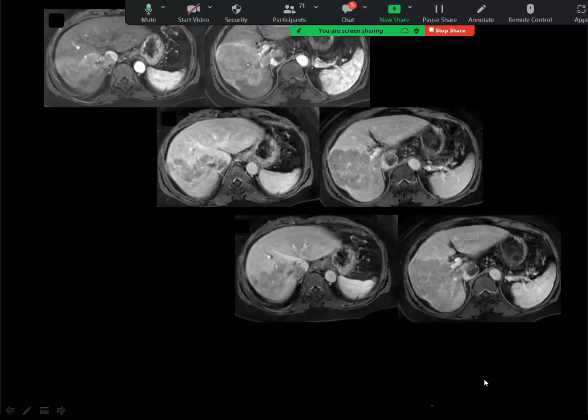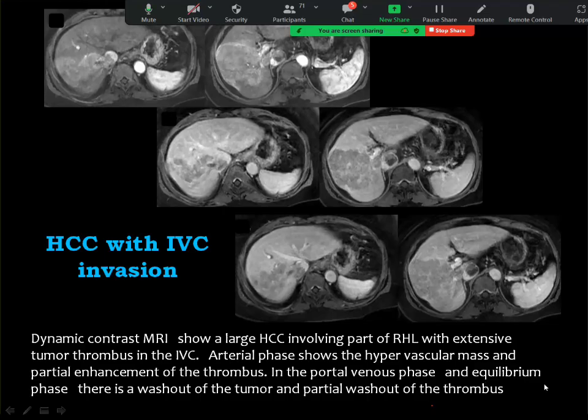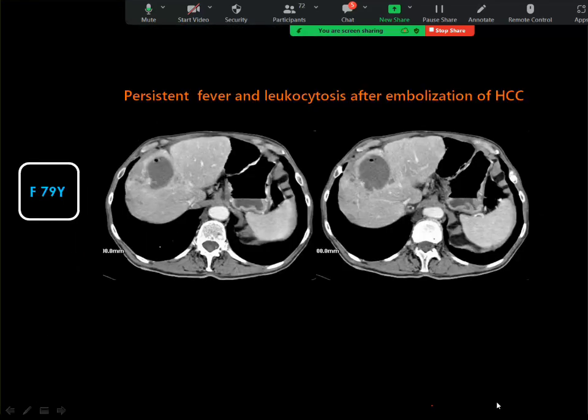And whenever you are reporting a case of HCC, you should emphasize the possibility of portal vein invasion and the possibility of inferior vena cava invasion, because these vascular invasions will affect the prognosis and the way of treatment of such a lesion.